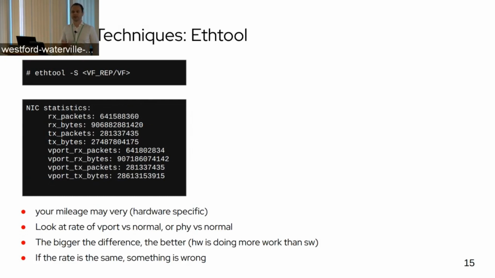In this example, I'm running a BlueField, and you look at the rates at which vport statistics are increasing compared to normal statistics. Keep in mind that the bigger the difference between the rates at which these two statistics increase, the more work hardware is doing that software is not. So that's what you want. But if the rates are increasing similarly, that's an indication that something's wrong because you want to do more in hardware than in software, of course. So it's quite high level, but it already gives you some ideas.